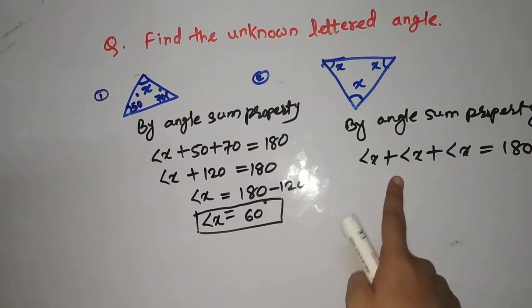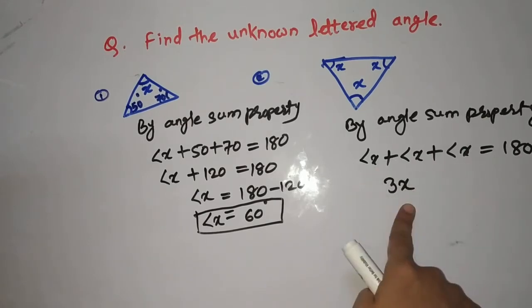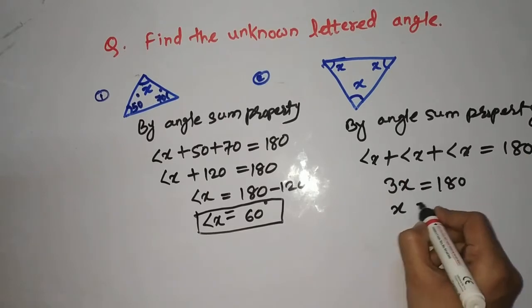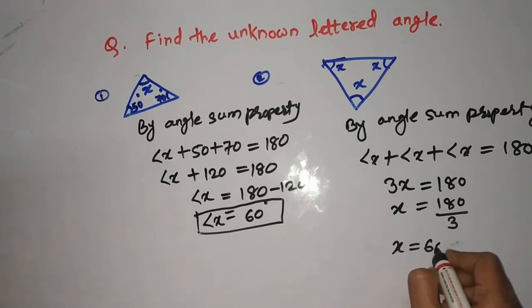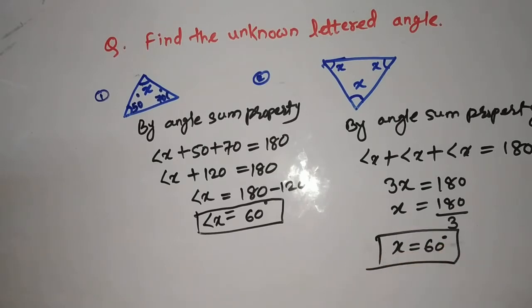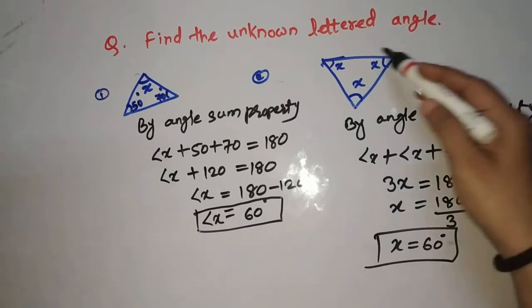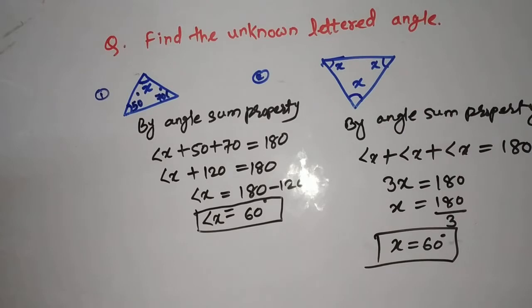So here 3 times X we can write, 3x is going to be 180. So friends, x is equal to 180 divided by 3. So we'll get 60 degrees. This means all three angles measure 60 degrees, so it is an equilateral triangle. All sides are going to be equal and each angle measures 60, 60 and 60.